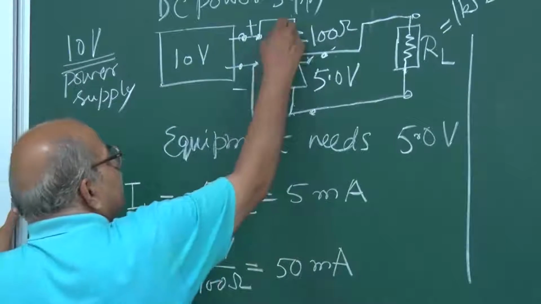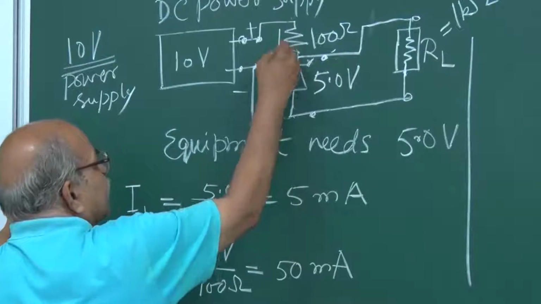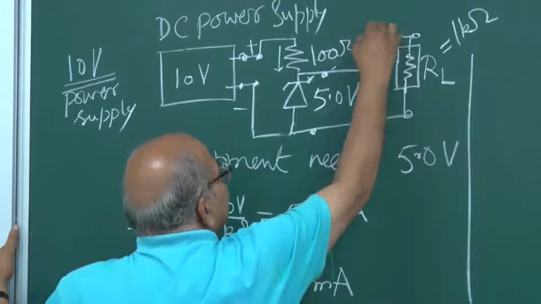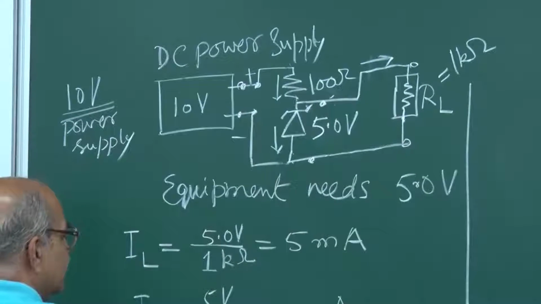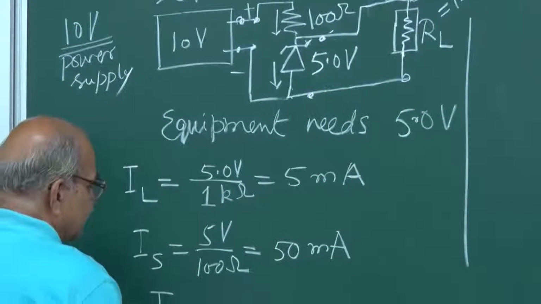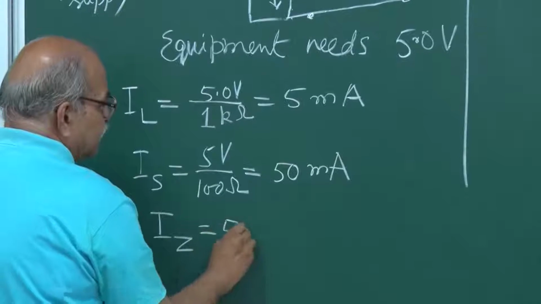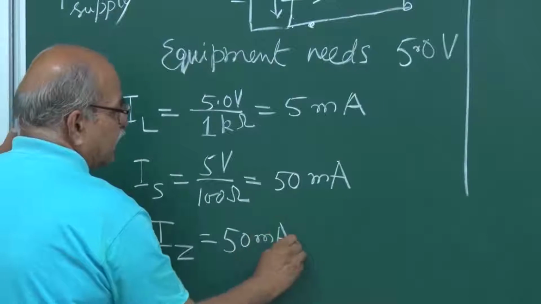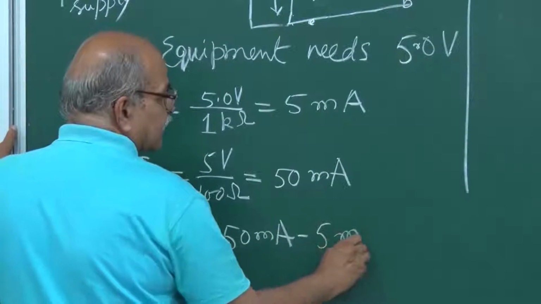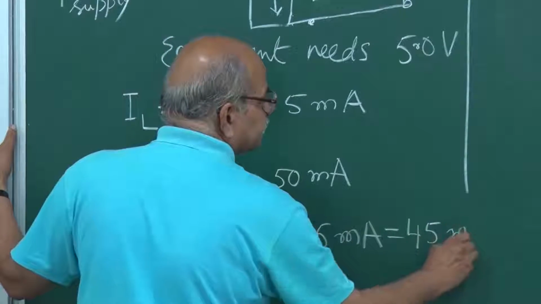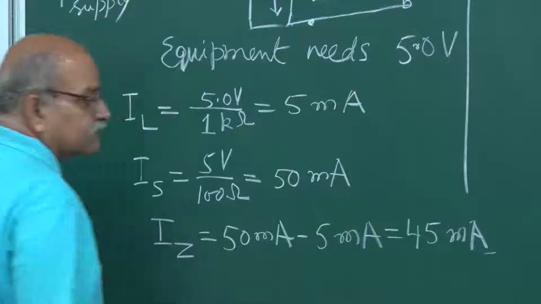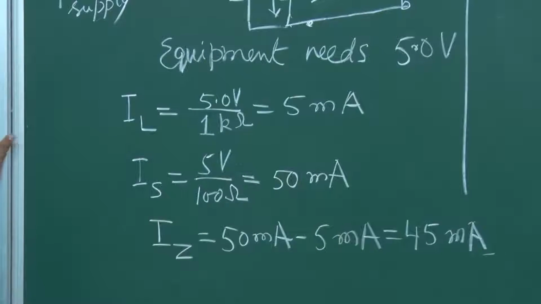You have 50 milliamperes here, you have 5 milliamperes here. So here it's simple to see that current through that Zener is 50 milliampere minus 5 milliampere, and that is 45 milliampere. Right?